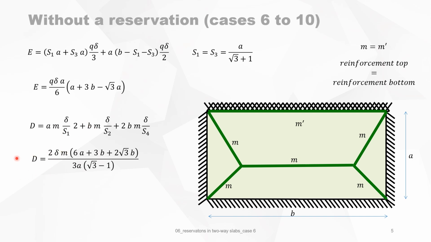Substituting the variables gives you this formula for D. And for calculating M, E must be equal to D, and we can then rewrite this formula. From now on, we'll call the maximum bending moment of a rectangular slab without a hole M0.